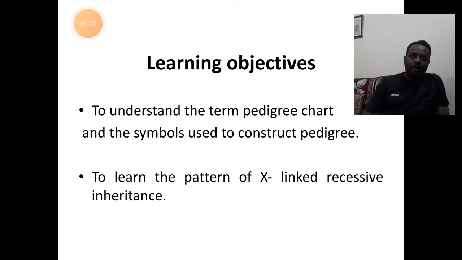The learning objectives of today's session are to understand the term pedigree chart and the symbols used to construct a pedigree, and to learn the pattern of X-linked recessive inheritance.